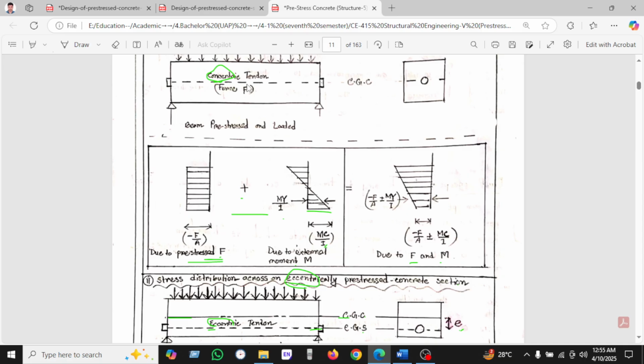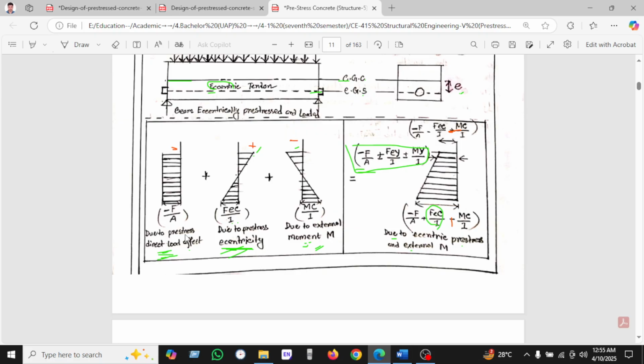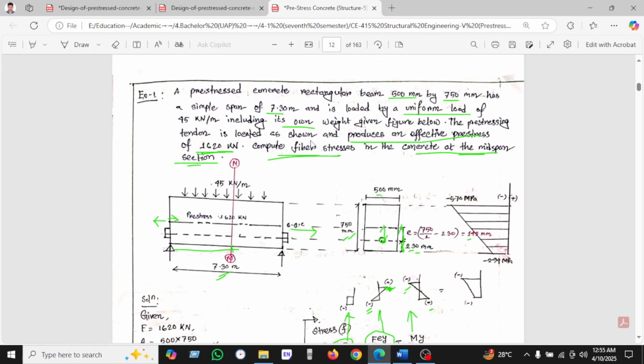With the concentric tendon and the eccentric tendon, there will be force stress and moment stress, coming from the eccentric stress also, and we found this equation also.